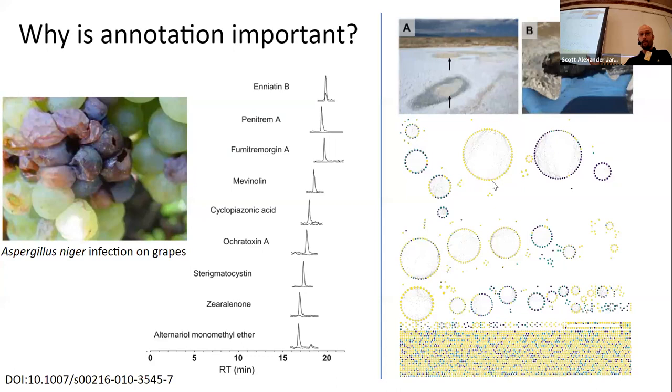And this is what a molecular network looks like, just a handful of extracts. So we have all this data, and the question is, how do we even begin annotating this information when we have no idea what's inside? So this is very much down to the level of MS2, where we need to rely on some of these tools like GNPS to start helping us annotate the information.